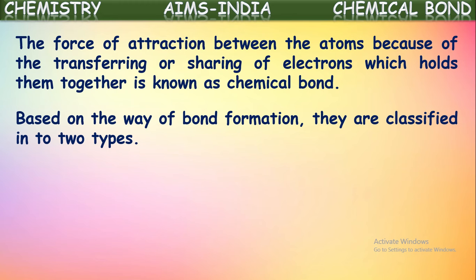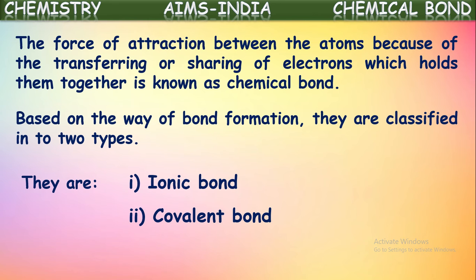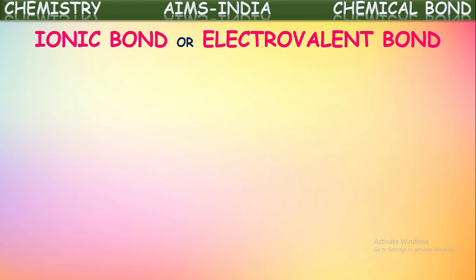Because of these different ways, based on the ways of bond formation, chemical bonds are classified into two types majorly. One of them is ionic bond, another one is covalent bond. First, let us go through the first one, that is ionic bond, which is also called electrovalent bond.